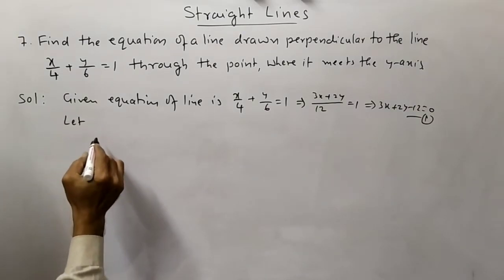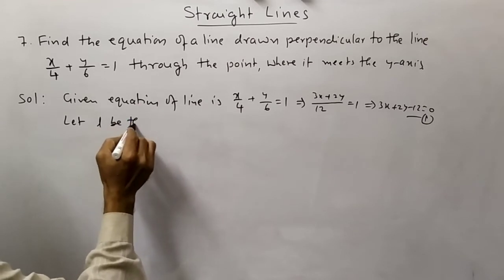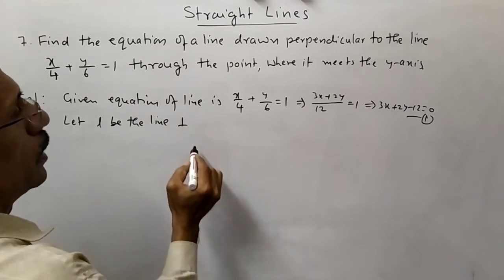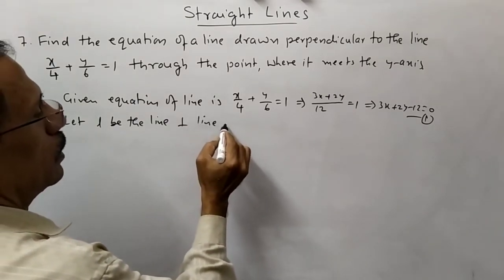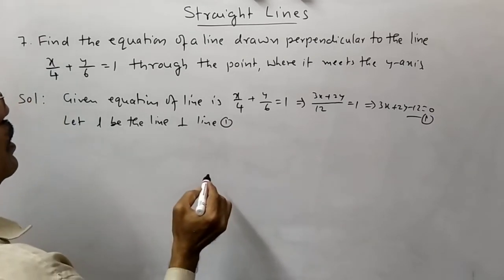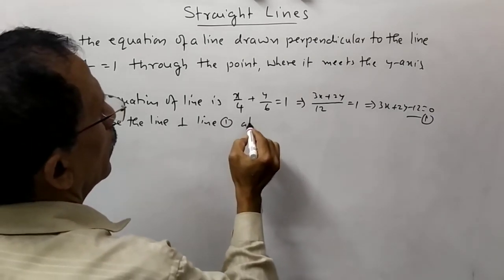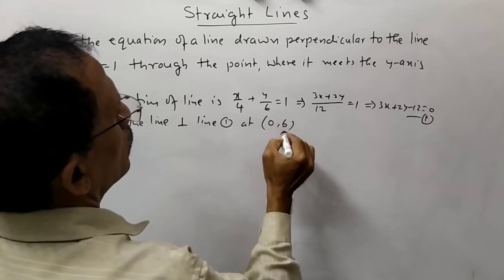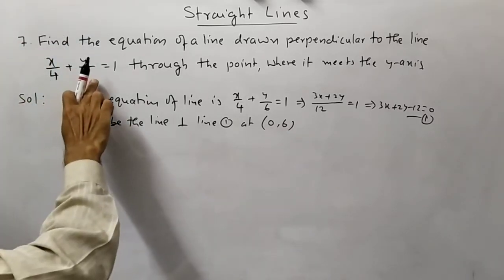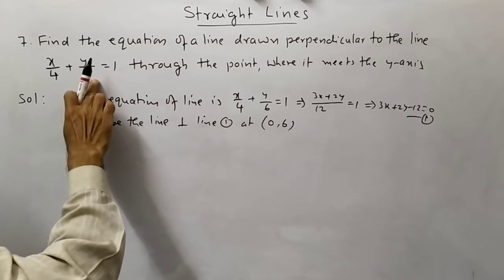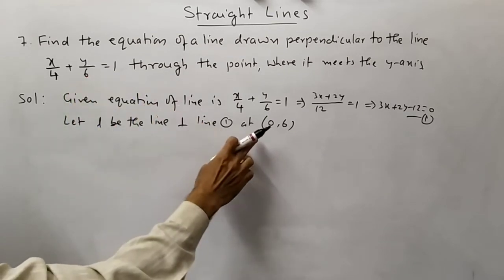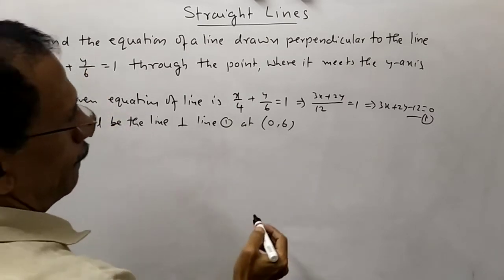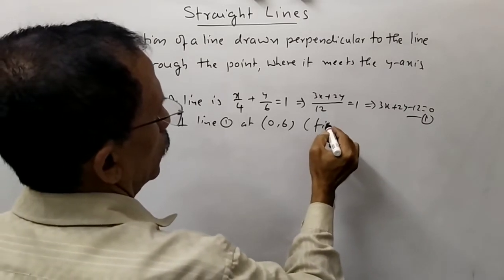Let L be the line perpendicular to line 1 at 0, 6, because line 1 meets y-axis at a point whose coordinates are 0 and 6, as shown in figure.